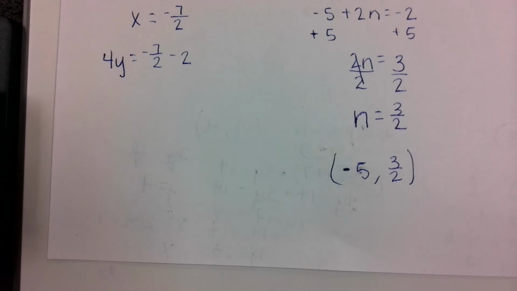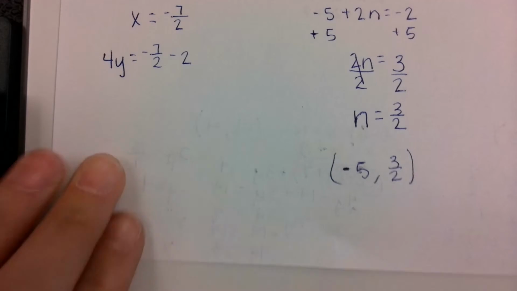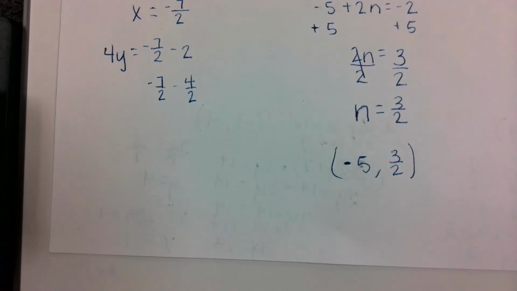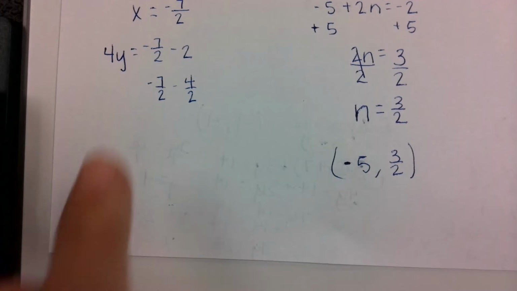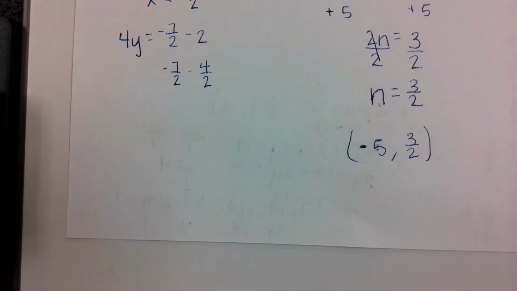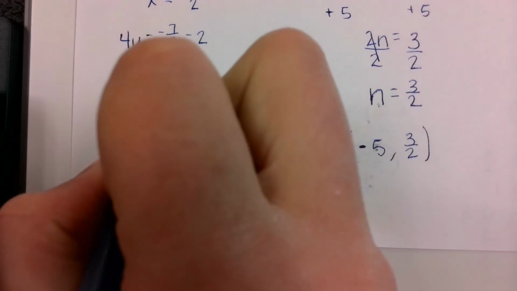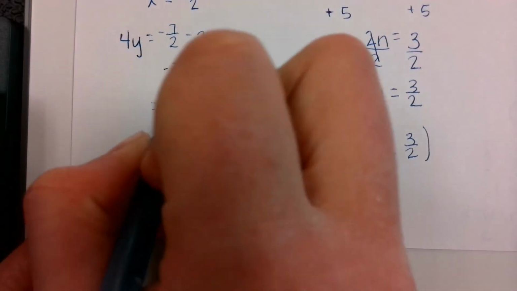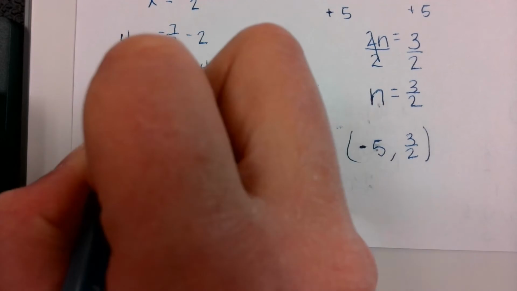Common denominator. So our denominator needs to be 2. So you're going to have to multiply by 2 over 2. That's going to be the same thing as negative 4 over 2. Is that okay? So what's negative 7 minus 4? Negative 11 over 2. That's what 4y equals.